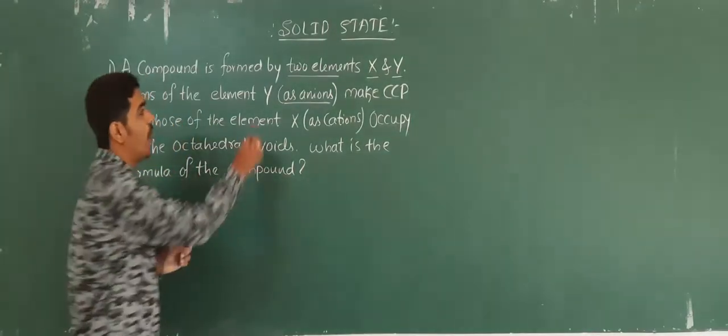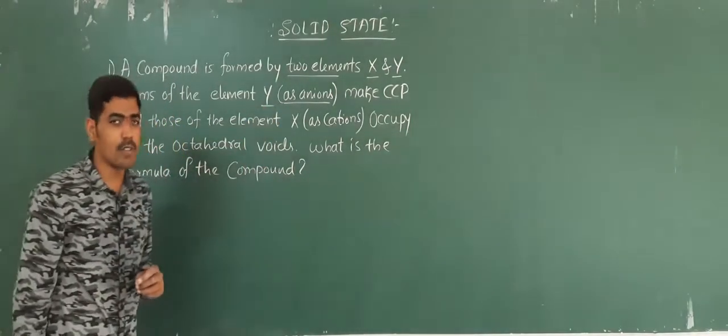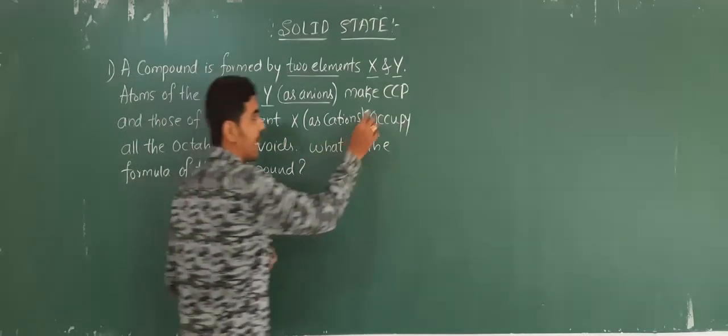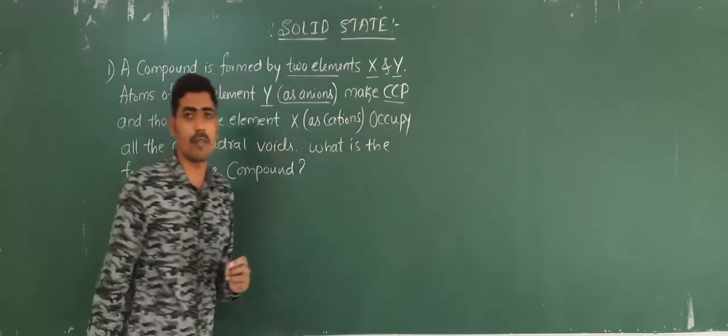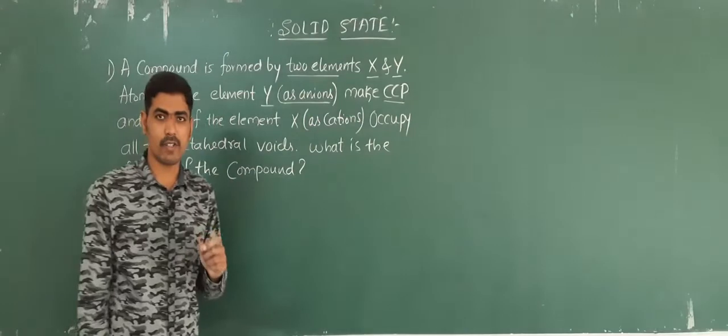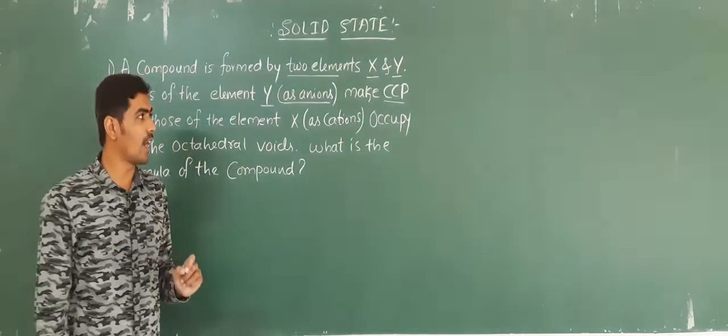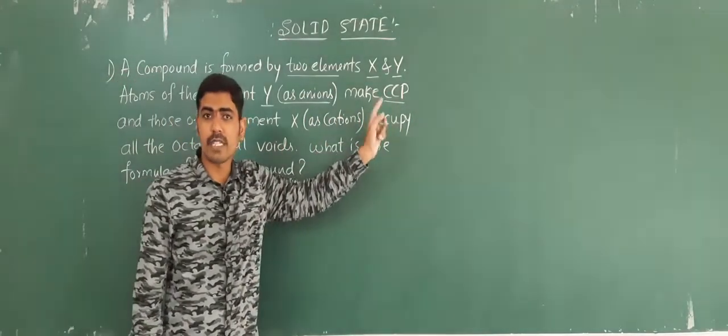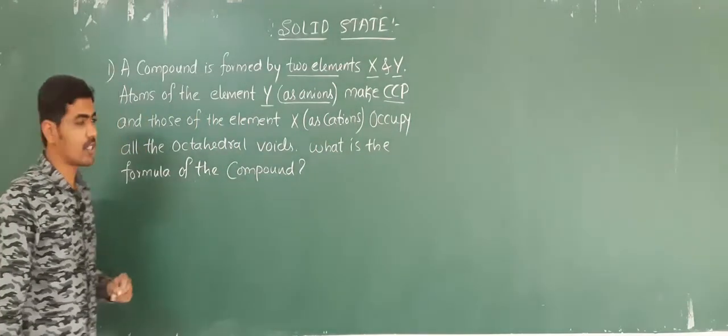So Y will act as the anion and it will make the CCP structure, the cubic close packed structure, or you can also call it FCC, face centered cubic structure.